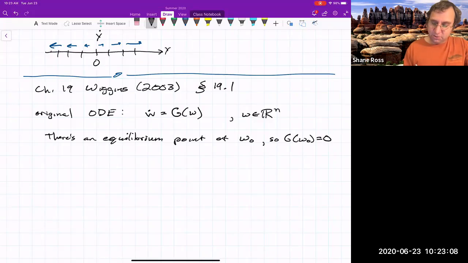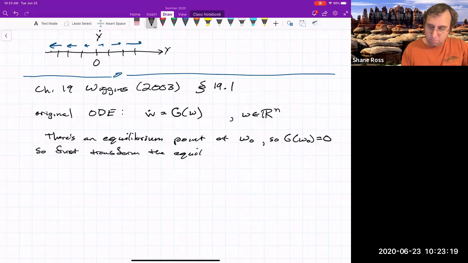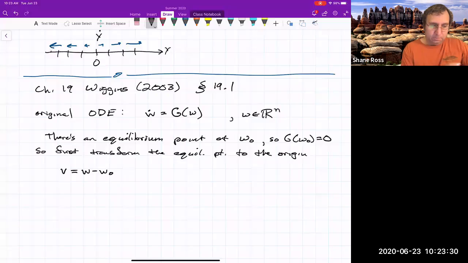So we're going to first transform the equilibrium point to the origin. And we'll use V to describe that. So in the V variables, V equals 0 is the equilibrium point. Right, so V is in R^n.